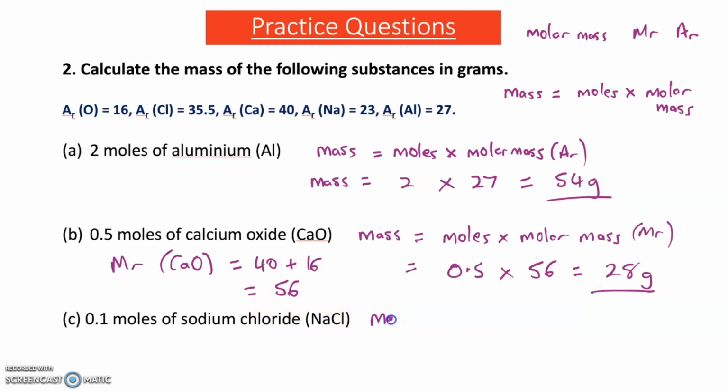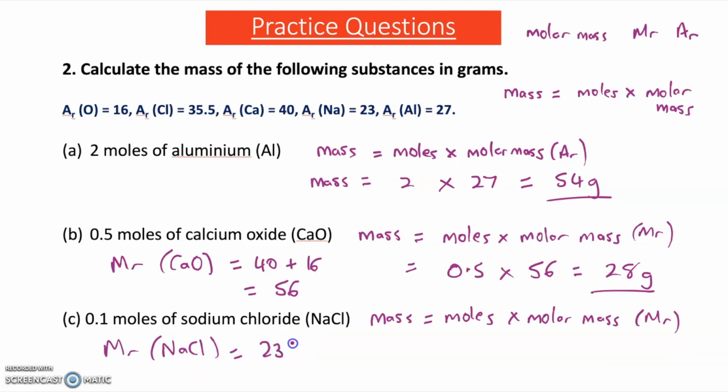Now for question C, we have to convert 0.1 moles of sodium chloride into its mass in grams. So mass is equal to moles times molar mass, and for the molar mass we use the MR value here. So the MR value of sodium chloride is equal to 23, the AR value of sodium, plus 35.5, and that will give us an MR value equal to 58.5.